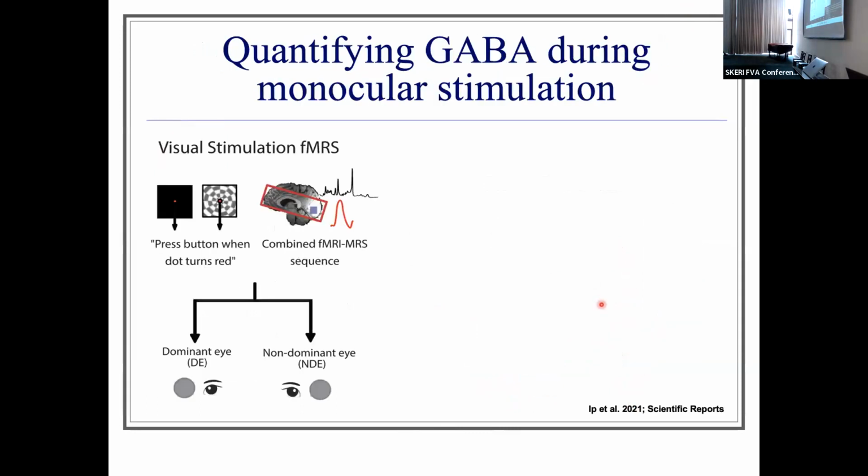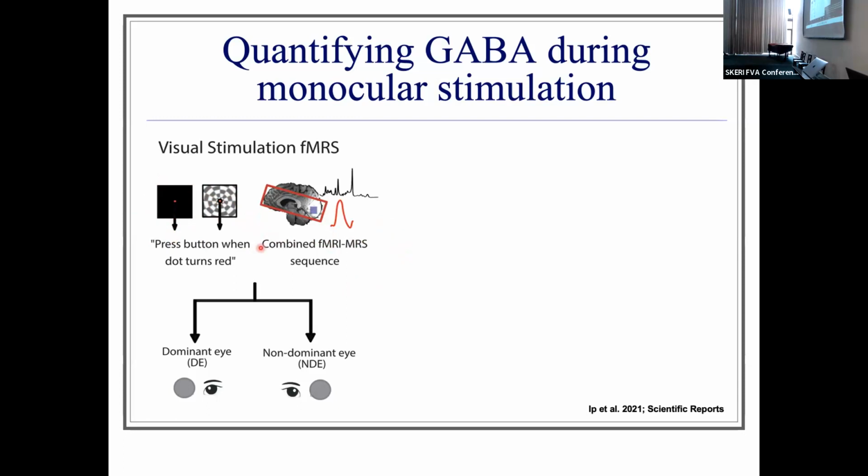What we did in this case actually is we used a combined fMRI-MRS sequence, which is nice because it allows us to get both the bold signal and the spectroscopy signal as we flick between. So we're basically going between a blank screen and a flickering checkerboard. So we measure the bold signal as a difference between the checkerboard and a blank screen.